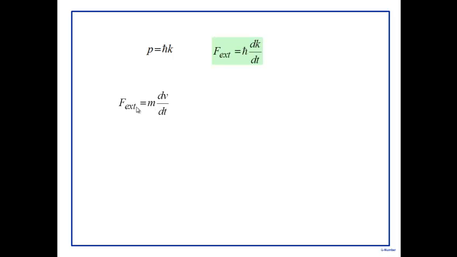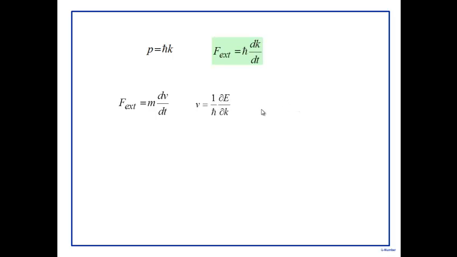Also, I can write it classically: external force is m dv by dt. All right. And v we have seen is 1 by h bar del E by del k. Right. So what I can do is take this velocity and plug it here, and get another expression through this route, by writing force equal to m dv by dt, with v equal to 1 by h bar del E by del k.